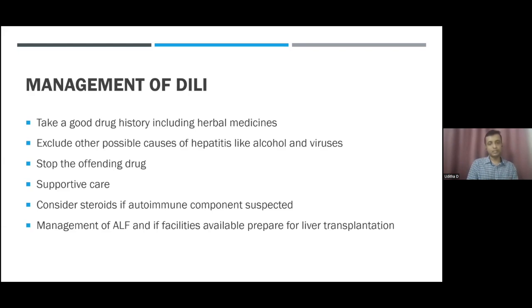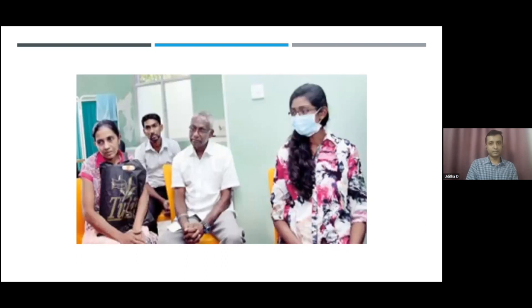And of course, management of acute liver failure, because a certain proportion will go into acute liver failure, and prepare for liver transplantation if there is acute liver failure. So this is a girl who had acute liver failure induced by antituberculous medication, who had a liver transplant at Ragama a couple of years ago, and now she's healthy and living a normal life.